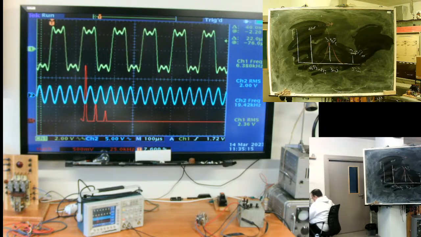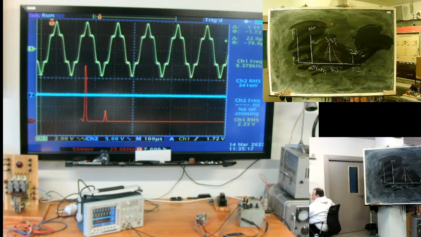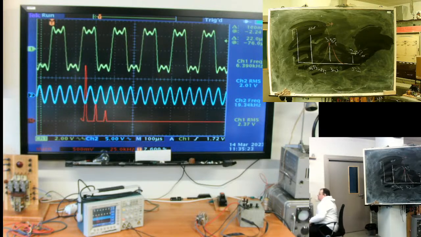No. But if I switch off the third one, you see, the signal disappeared. So the network, from all possible frequencies, separated only one, the frequency of the third harmonic. That's how a bandpass filter works.